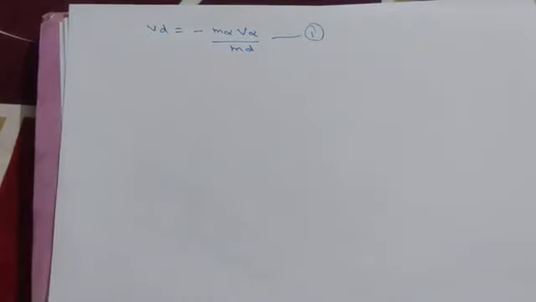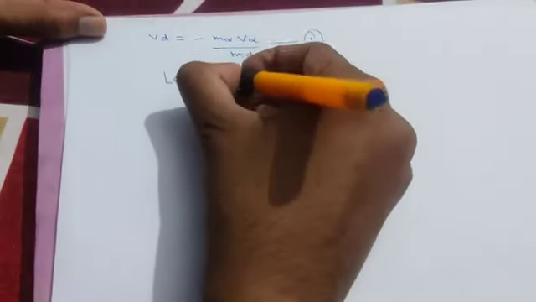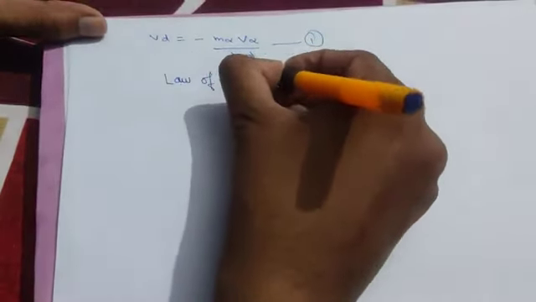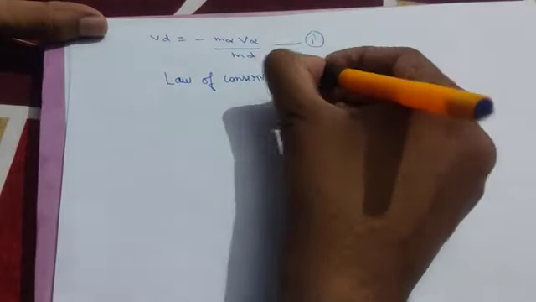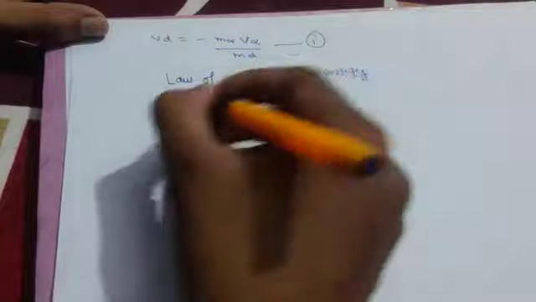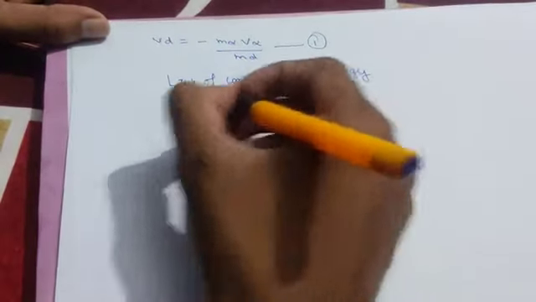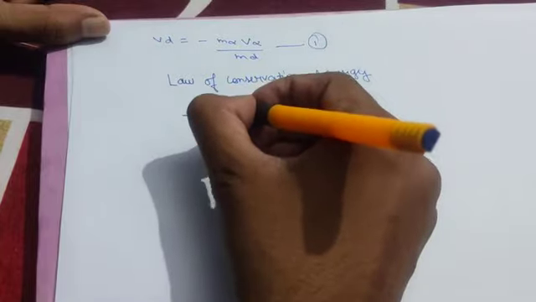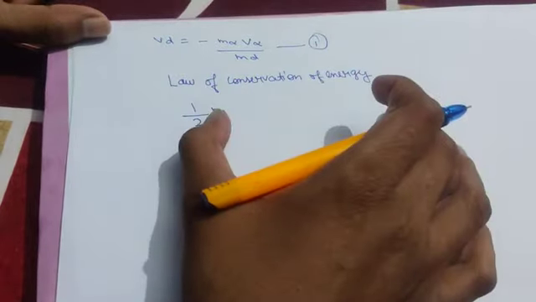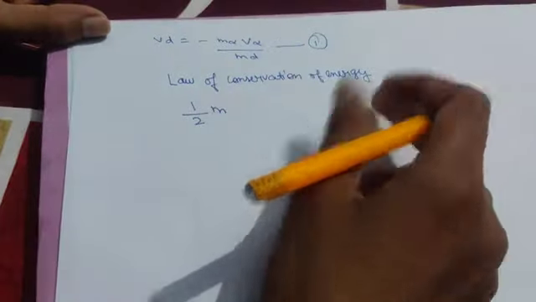Now apply the law of conservation of energy. First of all we have to add the two kinetic energies, of the daughter nucleus and the alpha particle.